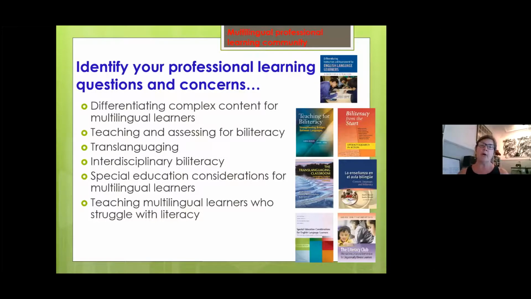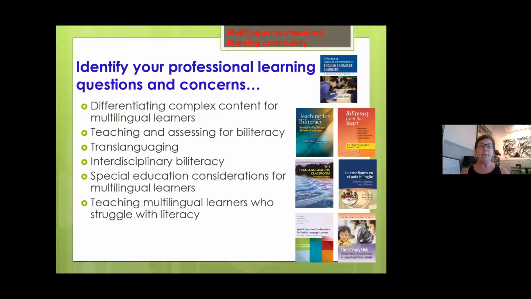The first one that we're asked about all of the time is about differentiating complex content for multilingual learners. And this can be in the general education classroom. There might be 30 or 40 or 157 different languages spoken in the district. And the gen ed teachers who are using English need to know how to differentiate according to language development levels and other factors. And this first book, Differentiating Instruction by Shelley Fairbairn and Stephanie Jones-Ville, can help with that one.